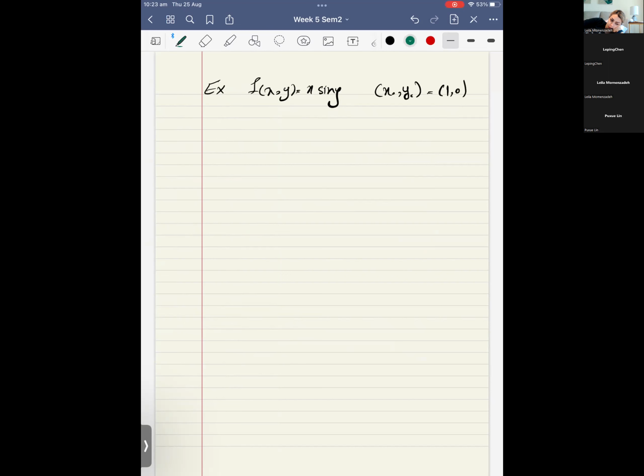It means that we want the linearization of f near 1 and 0.